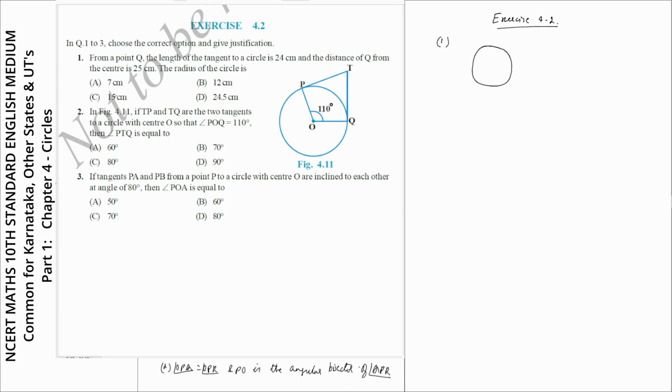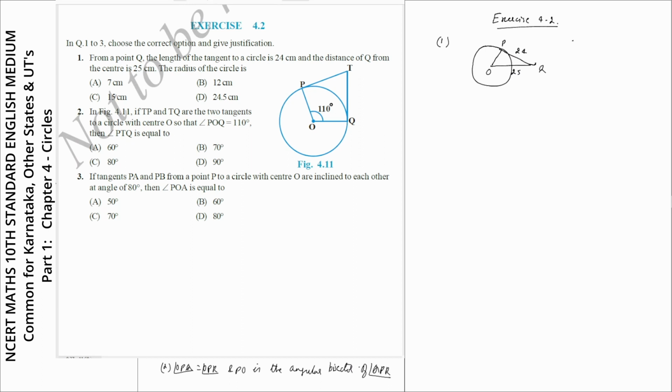From point Q there's a tangent and the length of the tangent is 24 cm, and the point Q is at a distance of 25 cm from the center. So let this be P. What is the radius? They're asking the radius of the circle. So we need to find OP.